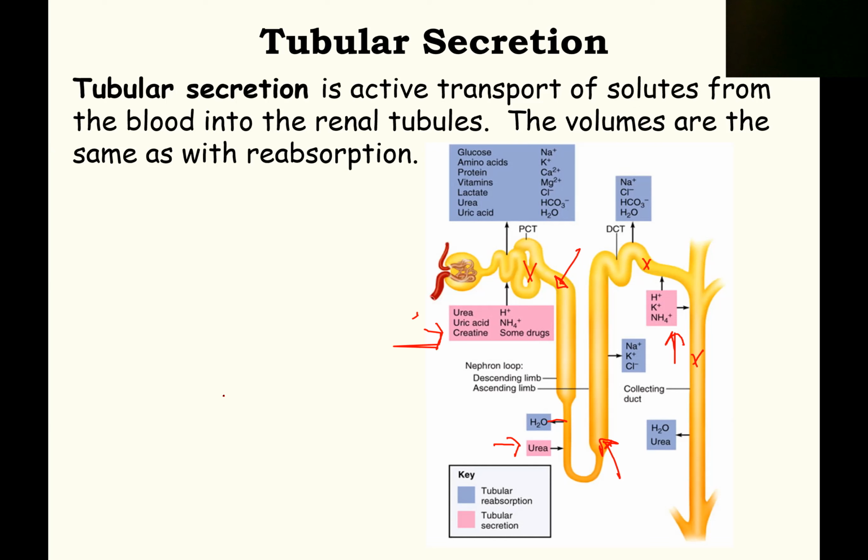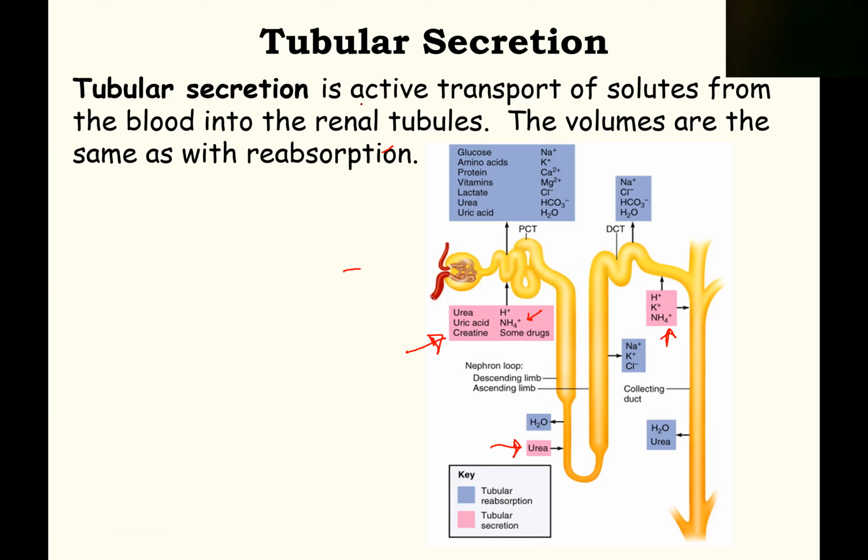Notice most of this stuff is what we want to get rid of. So this is a way to increase loss of urea, uric acid, creatinine, ammonia, which is this NH4 plus, some drugs, potassium, hydrogen ions, and urea.